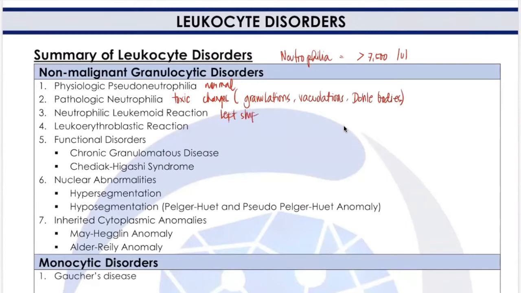When we say left shift, there is increased presence of immature WBC in the peripheral blood smear. That would include bands, metamyelocytes, and myelocytes. Other than the left shift, one differentiating feature of leukemoid reaction from chronic myelogenous leukemia is that it will have an increased LAP score.